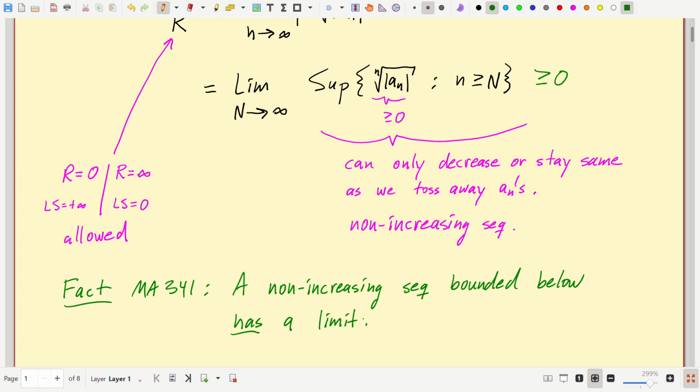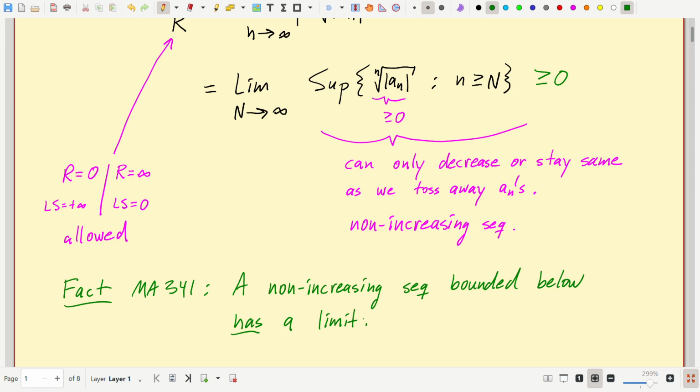The case where that thing would be infinite would be where those sups are always infinite. That sequence would be infinity, infinity, infinity, infinity, and so the limit wouldn't be a finite number. It's infinity. So that's a special case.